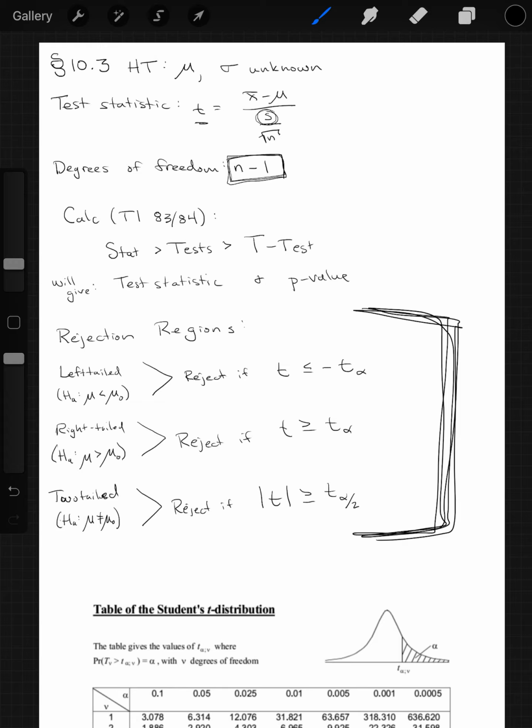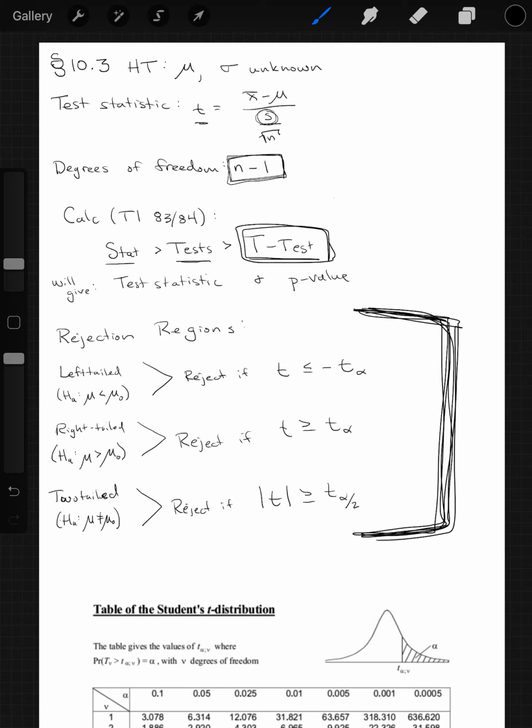If we want to do it by calculator, we go to the stats menu, then the tests menu, then the t-test is what we choose. We input all of our data, and we'll talk about that some more when we get to the word problem. Once you do that, it will spit out both the test statistic for you already, and it will give you the p-value. So if you want to do it via p-value, you're going to need to bring a calculator into it, at least with the tools we have at hand. If you want to do it by hand yourself, rejection regions are going to be the only method that we're going to work through here.